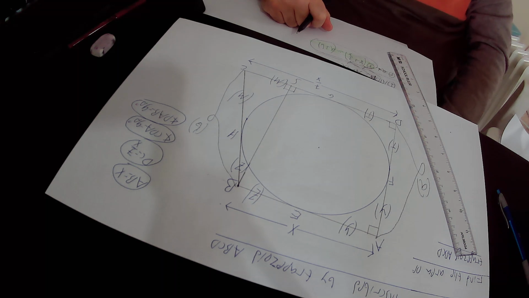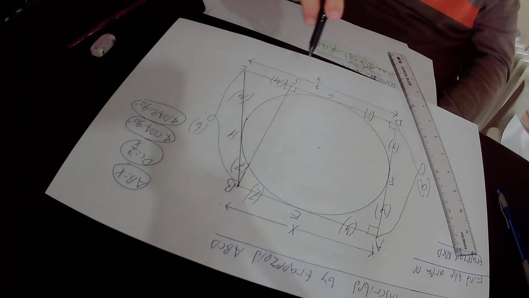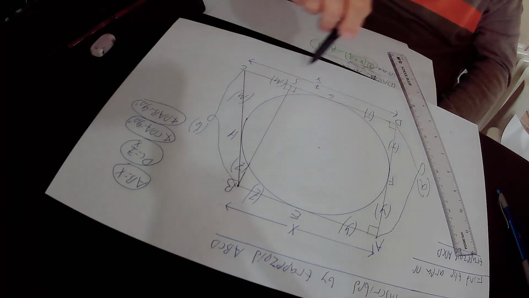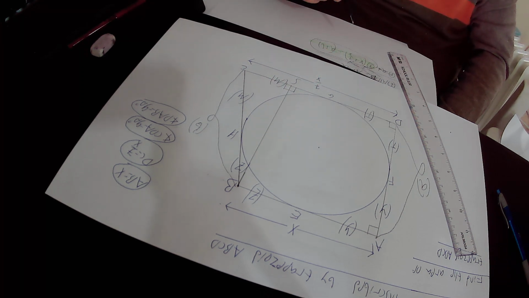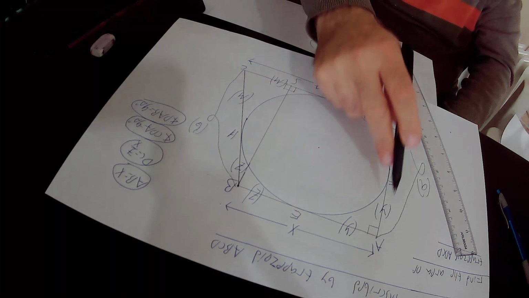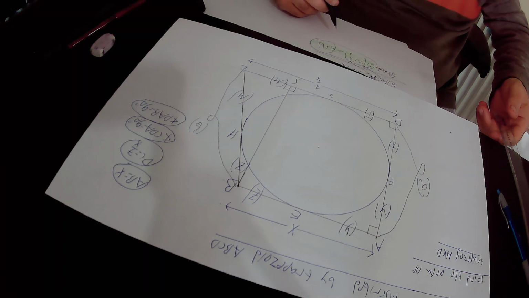By doing this construction, we created quadrilateral ABSD. Inside this quadrilateral ABSD, we have 3 right angles. The sum of 3 right angles is 270 degrees.